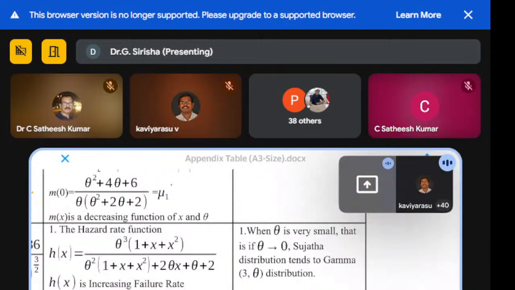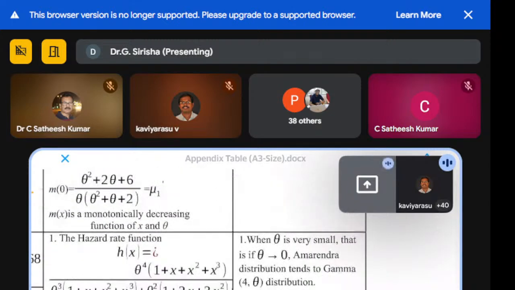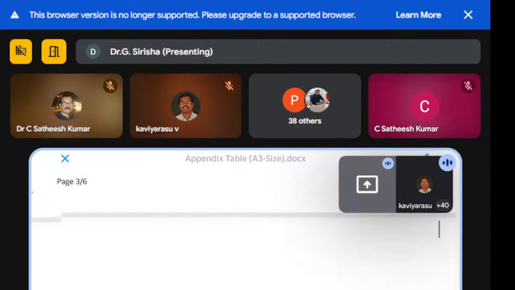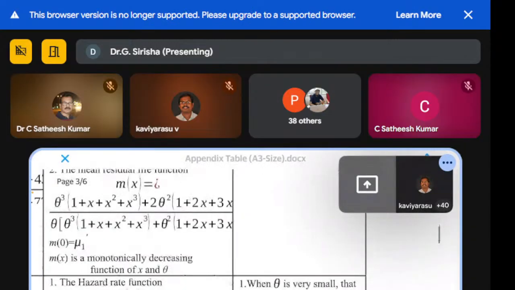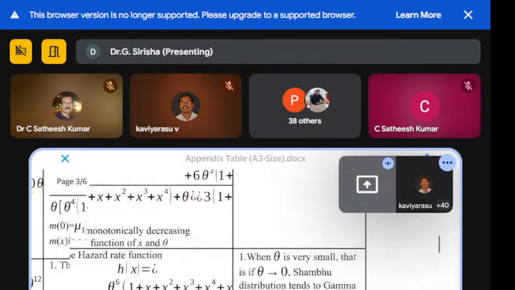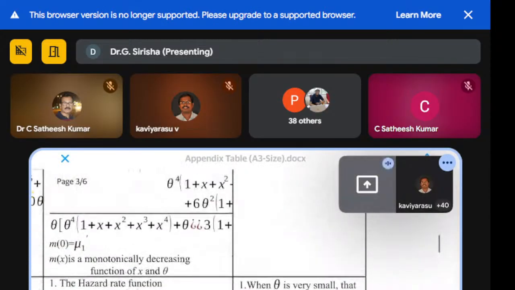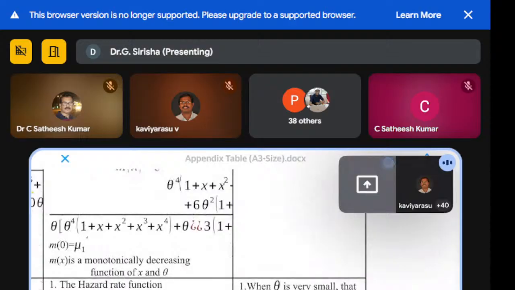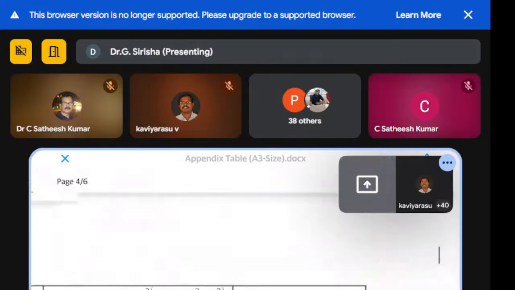Likewise, when theta is small, Sujata distribution tends to gamma distribution. When theta is small, Amarendra distribution tends to gamma distribution. When theta is small, Divya distribution tends to gamma. When theta is small, Shambhu distribution tends to gamma distribution.